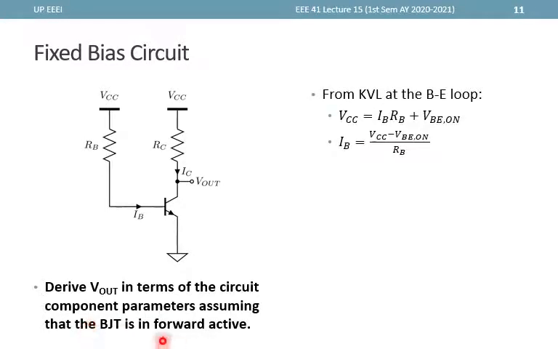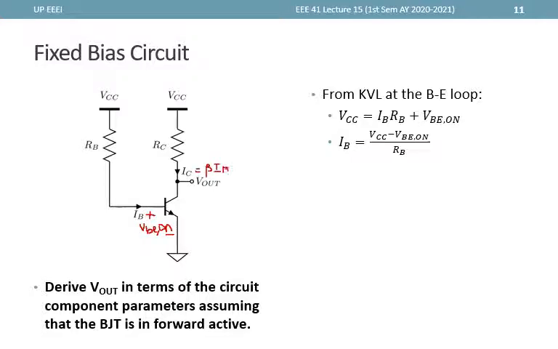So since we are assuming that the BJT is in the forward active mode, we can fix the VBE junction voltage to be some VBE on, and again in the forward active case we have IC equal to beta IB.